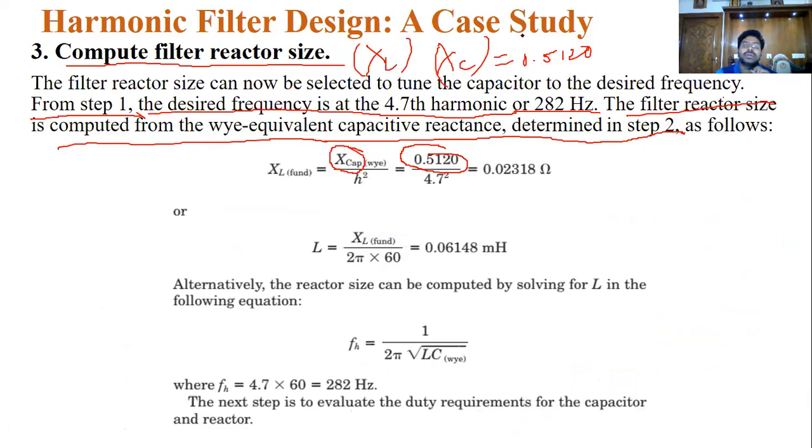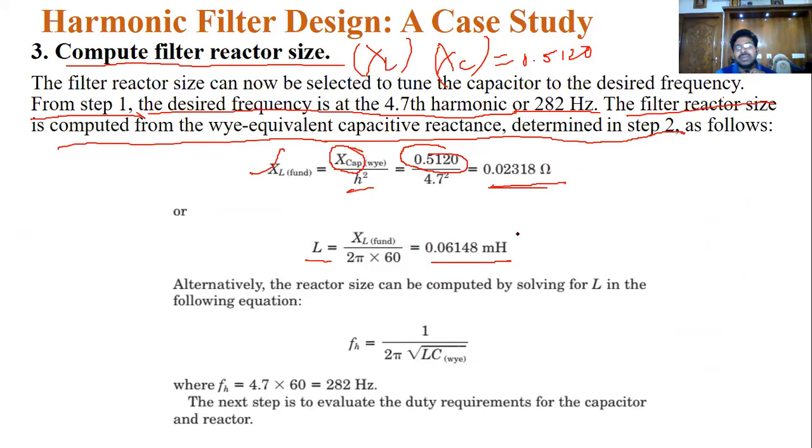In this case, you calculate the reactance value using this formula. What is the rating? What is the inductance value? What is the capacitance value? You know that relationship, so it is simple. You get this value, and we can get the inductance value or reactance value directly. So this is the inductance reactance value.